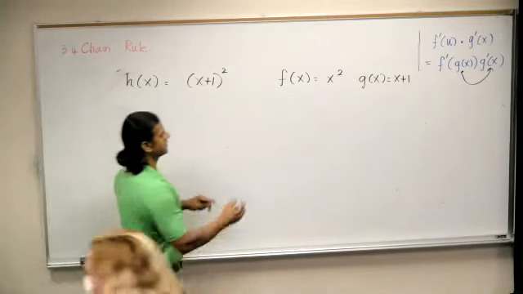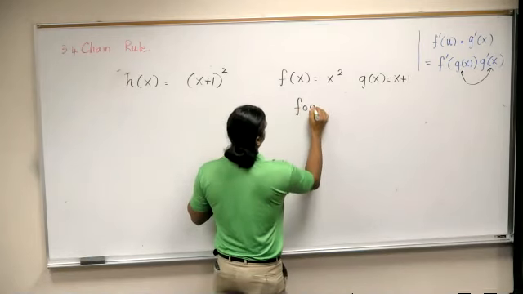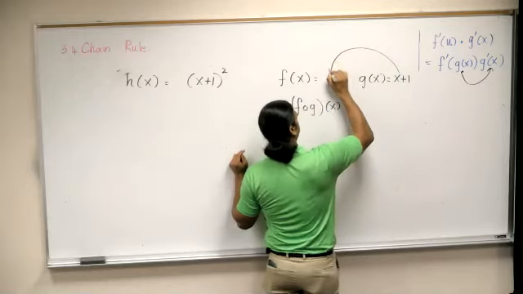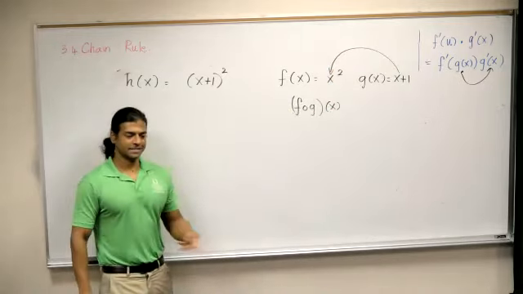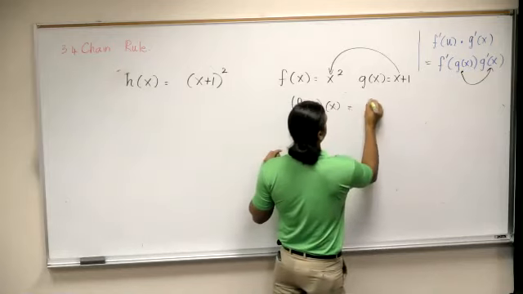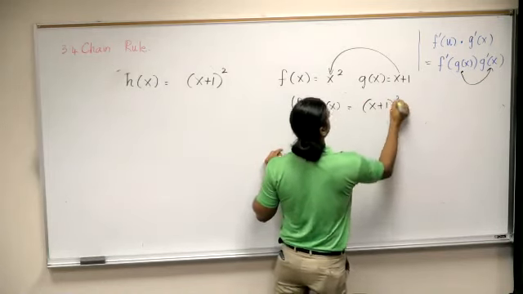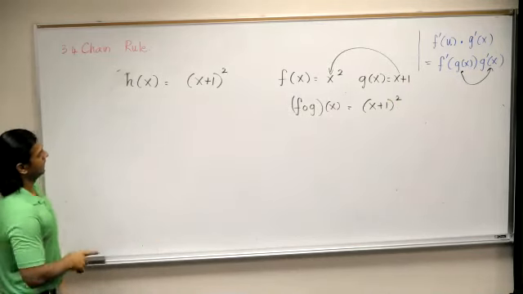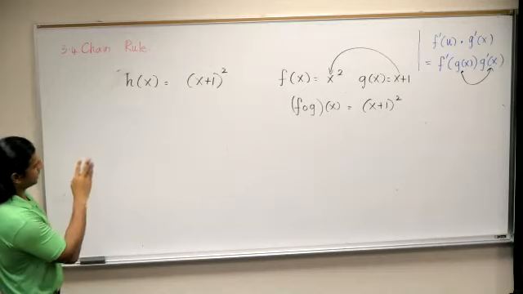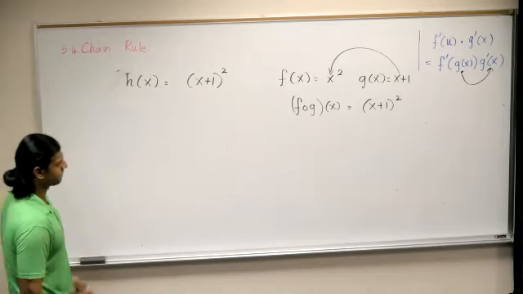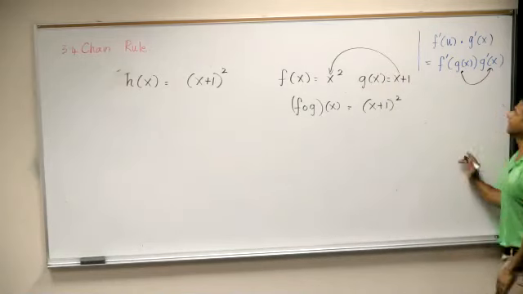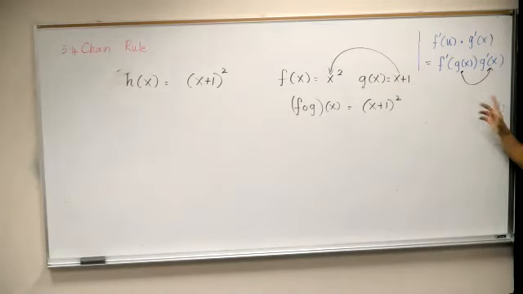So when I compose the two, g of x goes in place of x, kicks that x out, and you end up having x plus 1 squared. Do you agree? Now, what does our rule state? It simply states I want to take the derivative of that function, plug in g of x, and multiply by the derivative of g of x.